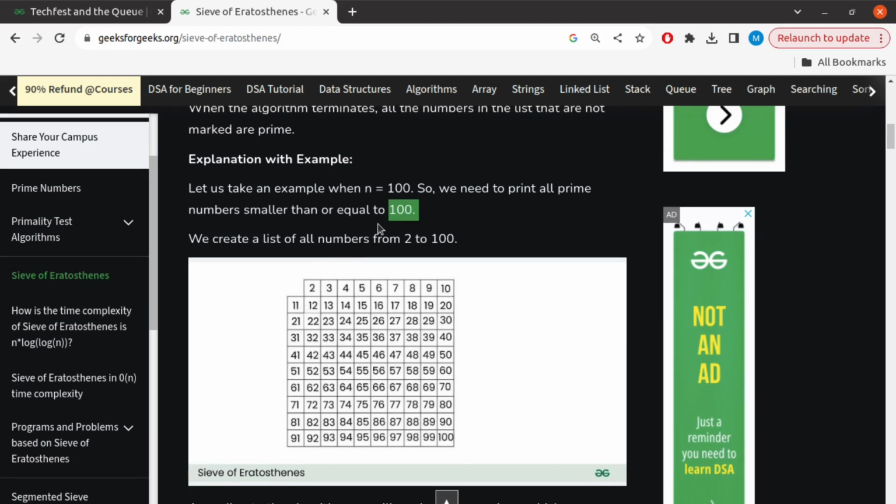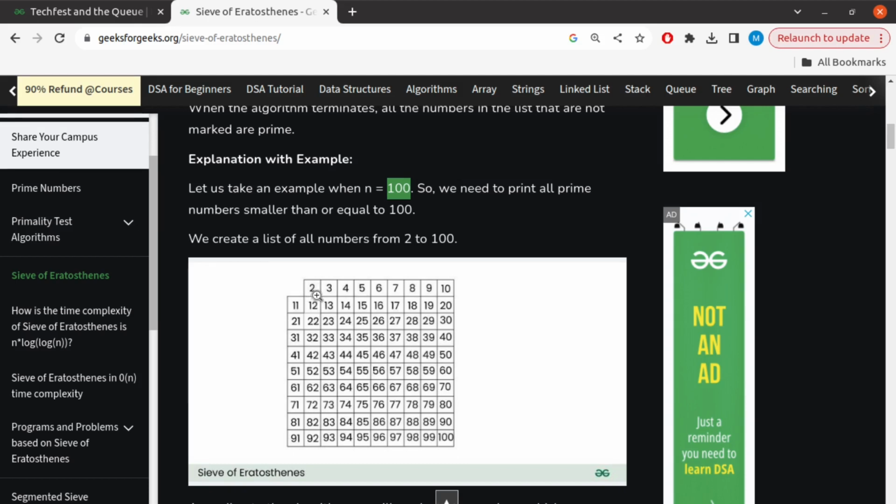So let us say in this particular case n equals 100, and we want to list down all the prime numbers less than or equal to 100. The way we are going to do it is to list down all the numbers from 2 to 100, and then set our iterating counter to the initial point, which is 2.